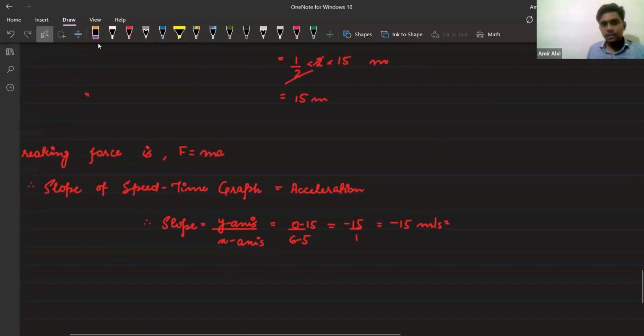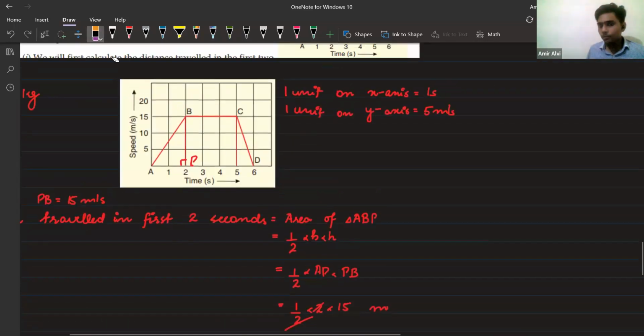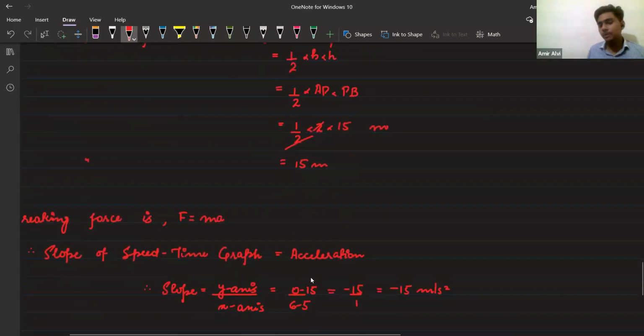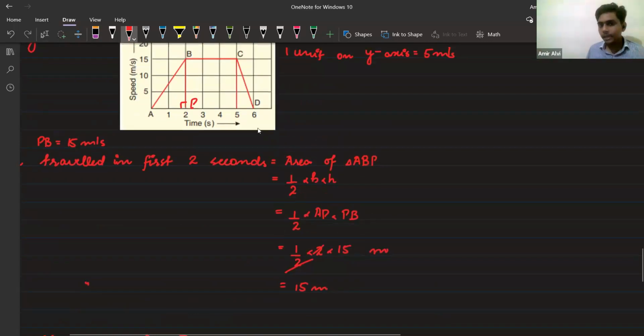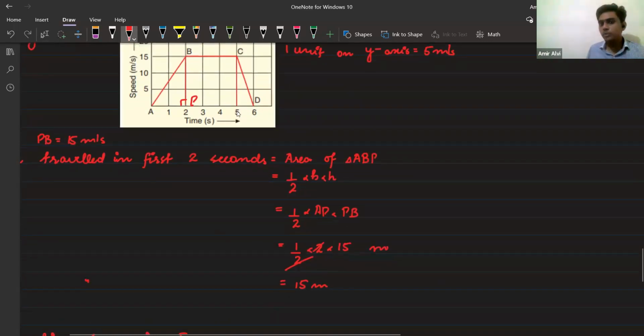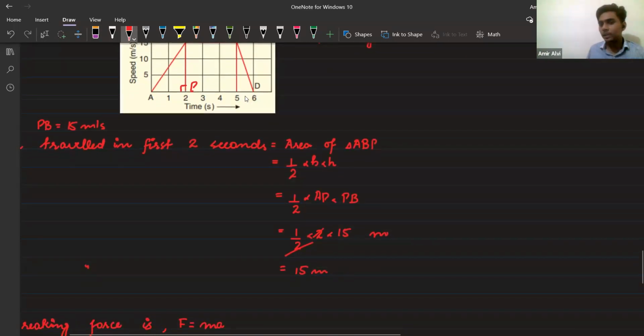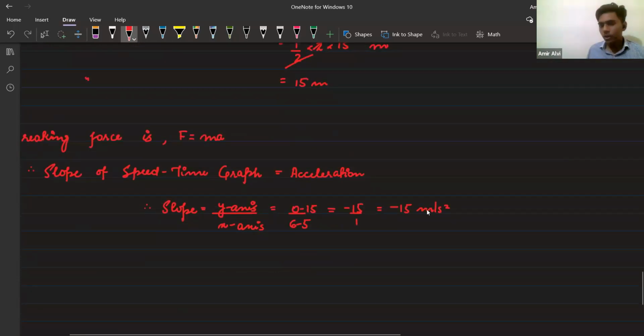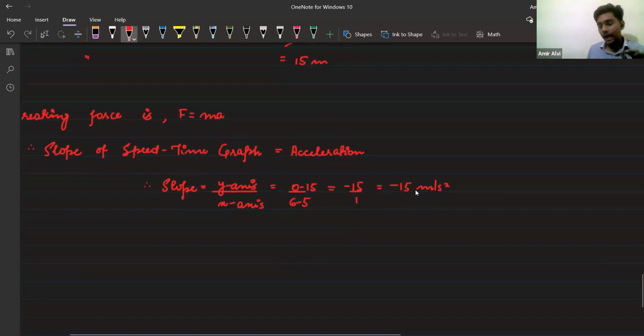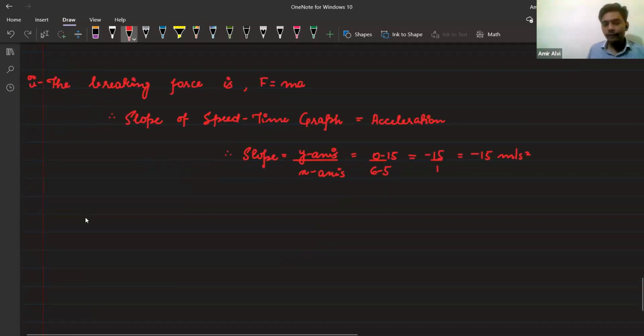I have taken 0 minus 15 because the final position was this. At this point, the car has velocity 0, and at point C, it has 15 meter per second velocity, right? And the time taken is basically 6 minus 5, because it is an interval. So we have to find the exact time of that interval, right? Clear, everyone? So now we have got the acceleration that is acting on the body, and it is a negative acceleration.